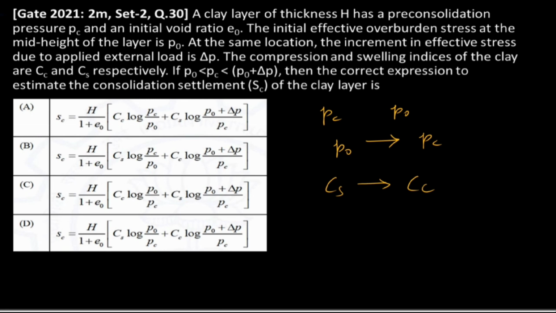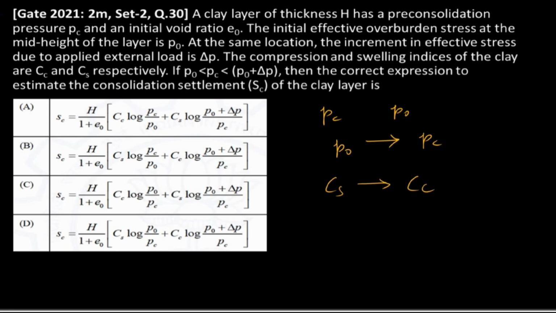So if you see the four options, P naught should change to Pc. Previously it will be due to initial overburden pressure, and it should get added with pre-consolidation pressure.